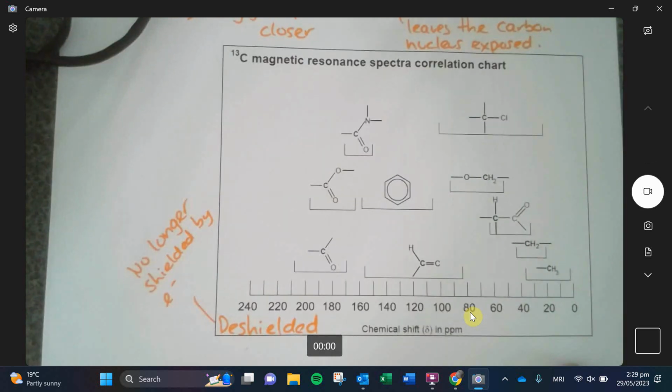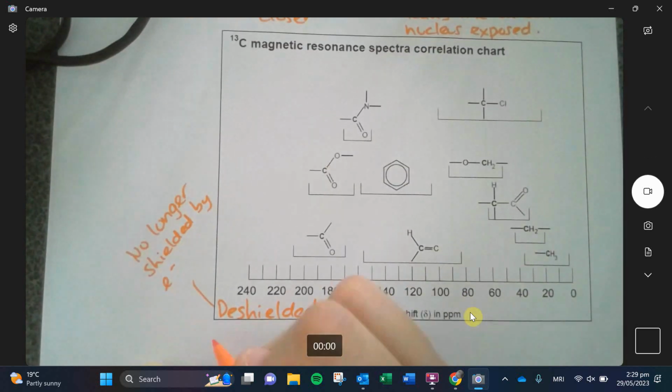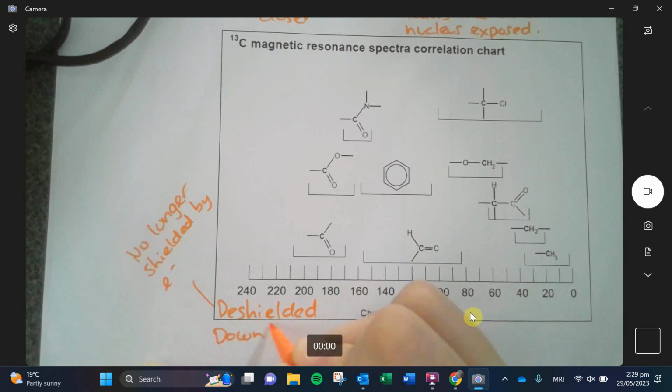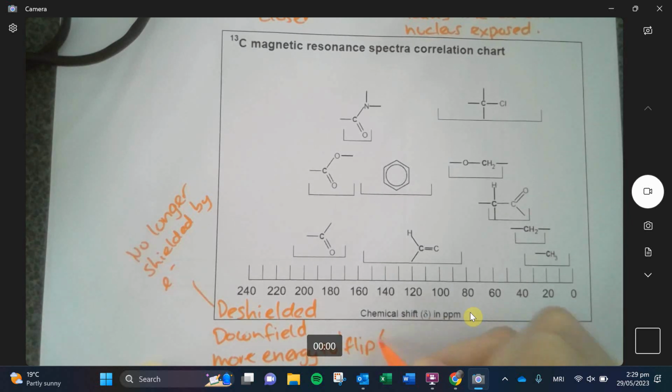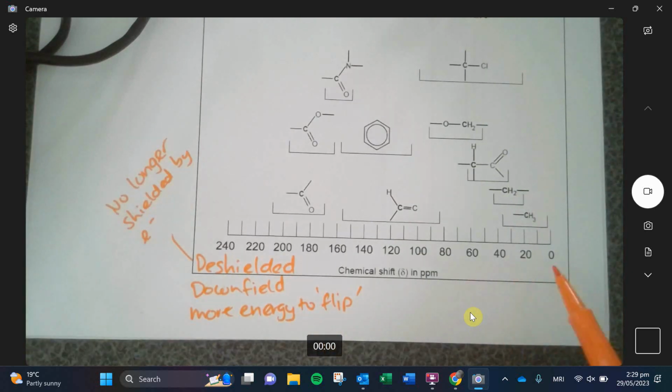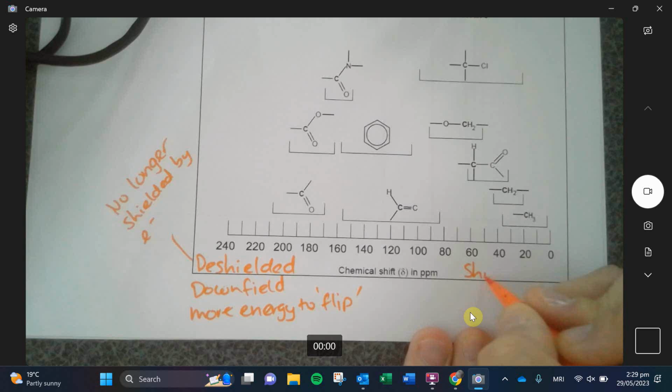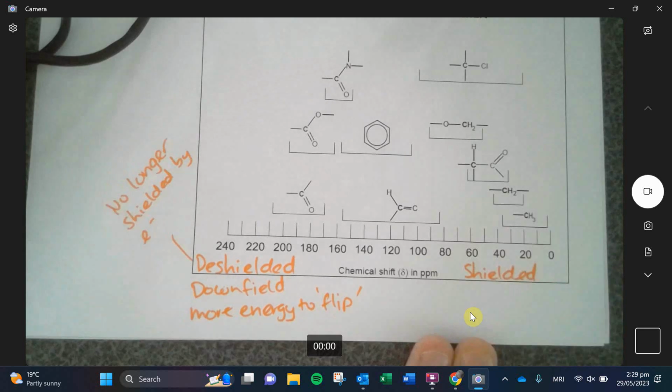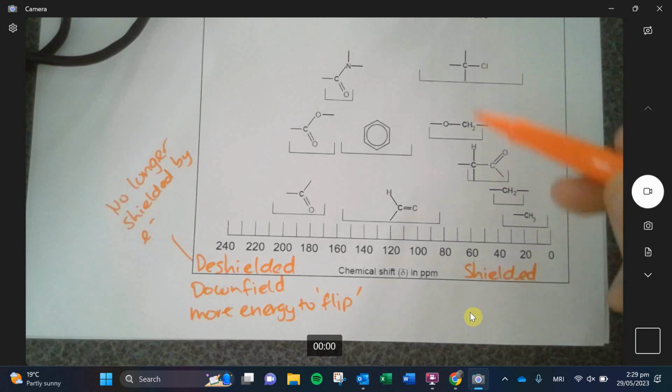So if they are de-shielded, they will be what we also would call downfield, and they would have more energy to flip. Whereas the stuff that's over here tends to be more shielded. So we tend to see more of other functional groups over here, or just the carbon with the hydrogens.